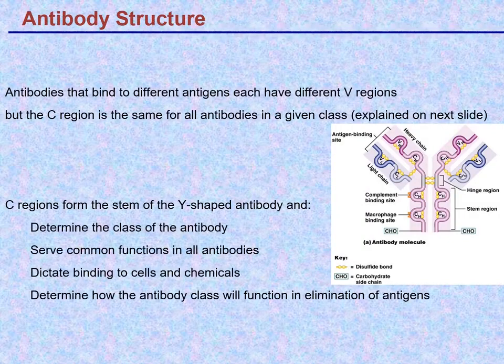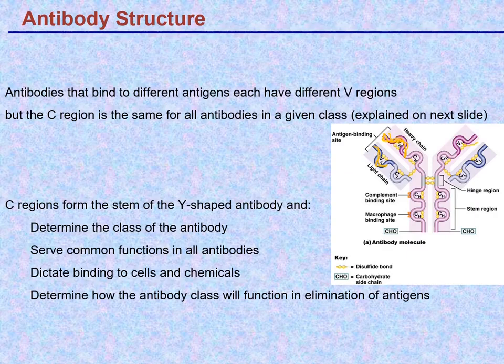So antibody molecules that bind to different antigens each have different variable regions. If you look at one particular B cell that comes out of the bone marrow, it has antibody molecules on its surface specific for a particular antigen. And another B cell will have antibody molecules specific for a different antigen because they have different variable regions in the light and the heavy chain.